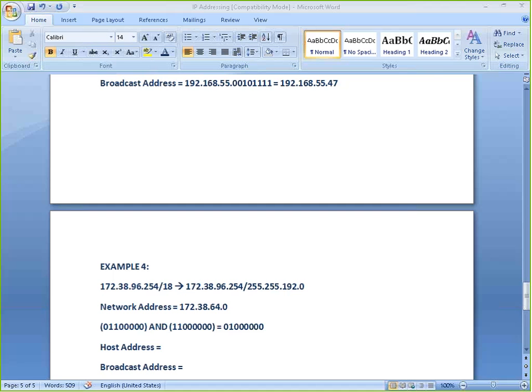The host address is IP address minus the network address. Okay, let me ask you again. Are you still sure that this is the value? This is the host address?